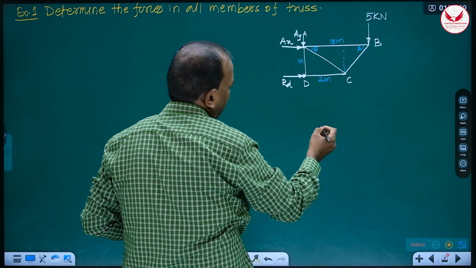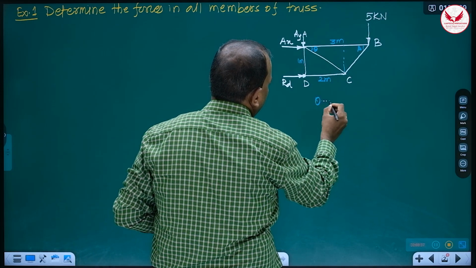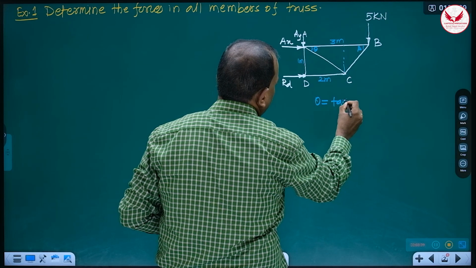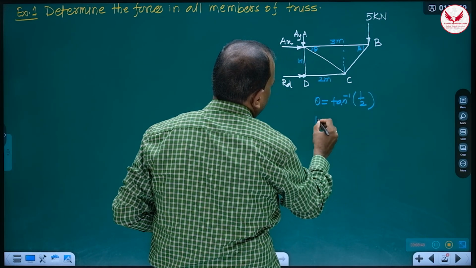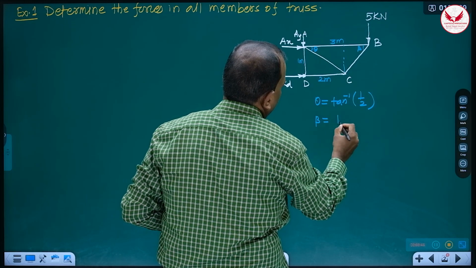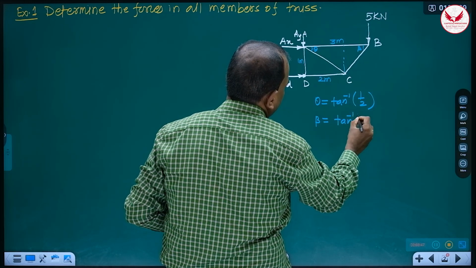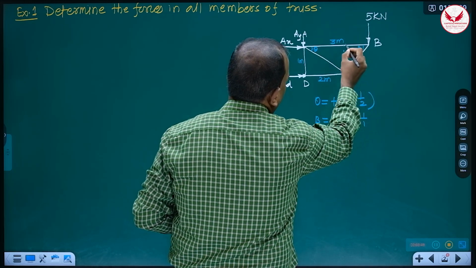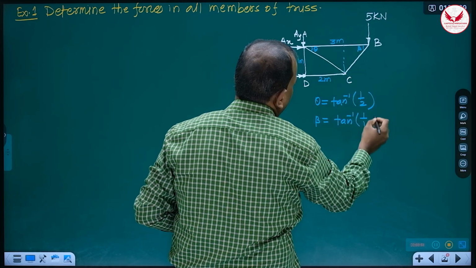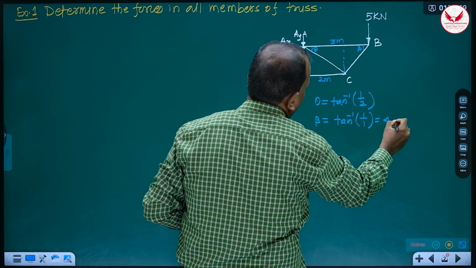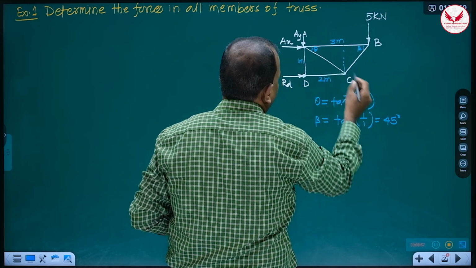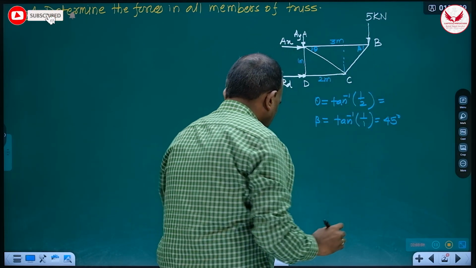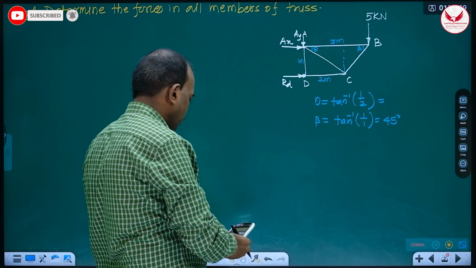Theta is going to be tan inverse of 1 by 2 and beta is going to be tan inverse of 1 by 1. Actually this distance is 1, this is 1, so it is going to be 45, or directly you can write that this angle is 45.